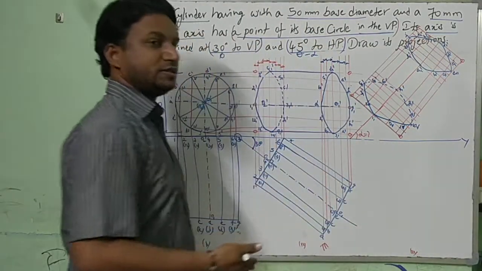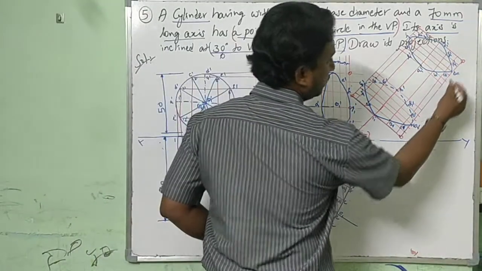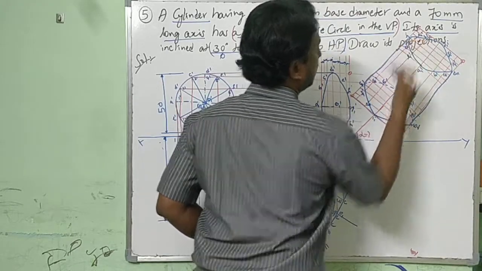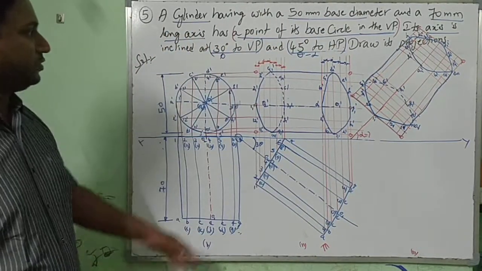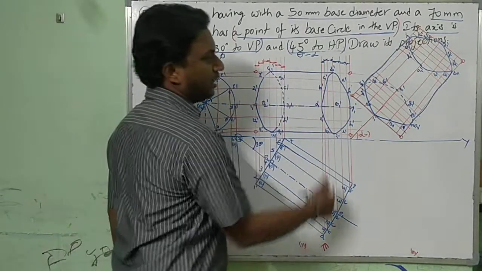How about vertical lines or vertical edges? Nothing, as it is a cylinder, just boundaries. So here comes the boundary line, here comes the boundary line. Don't get confused. 4, 1 dash, D1 dash, same as it is, we are rotated at an angle of alpha.